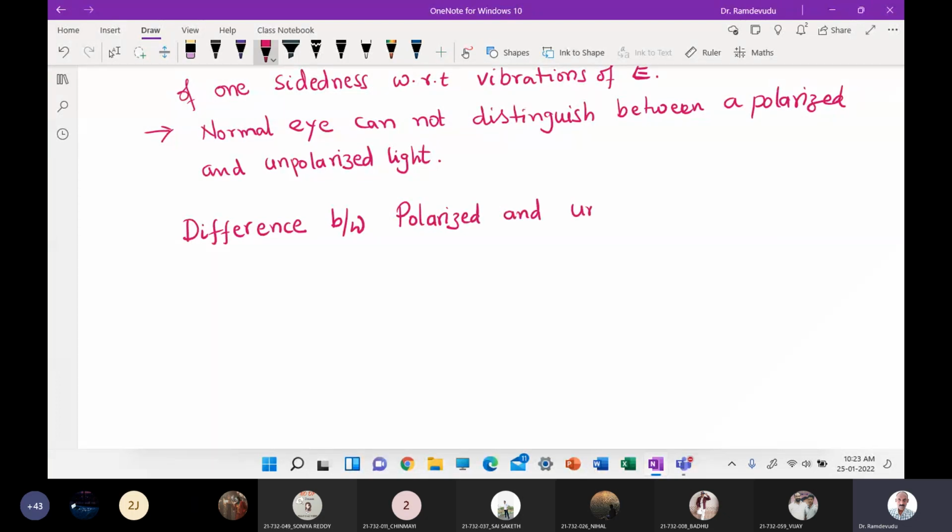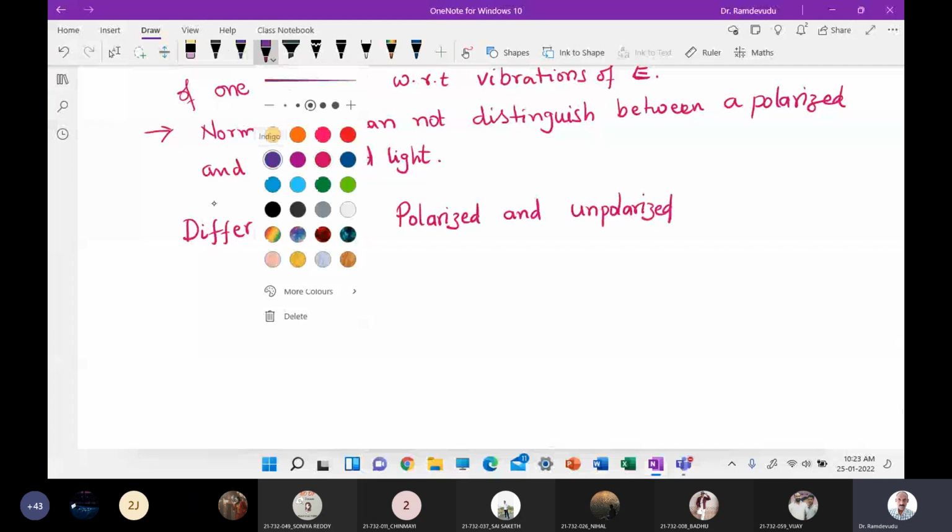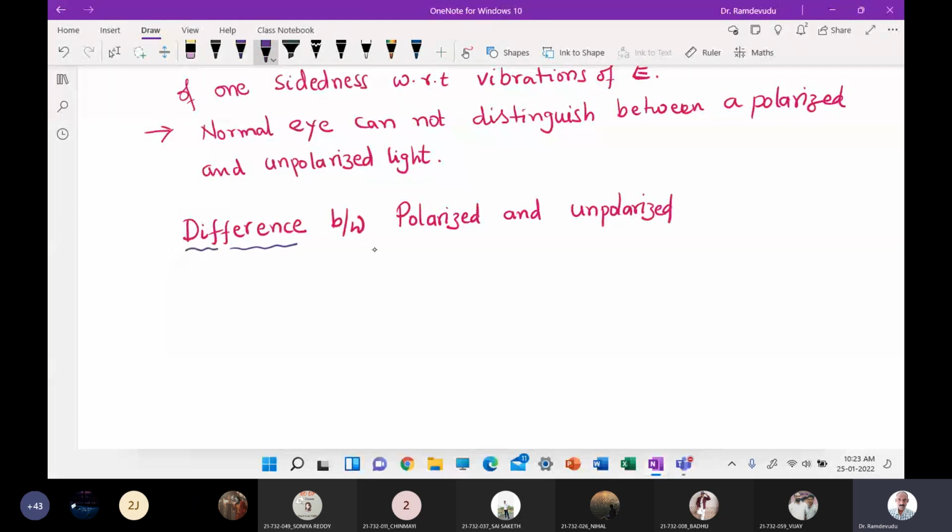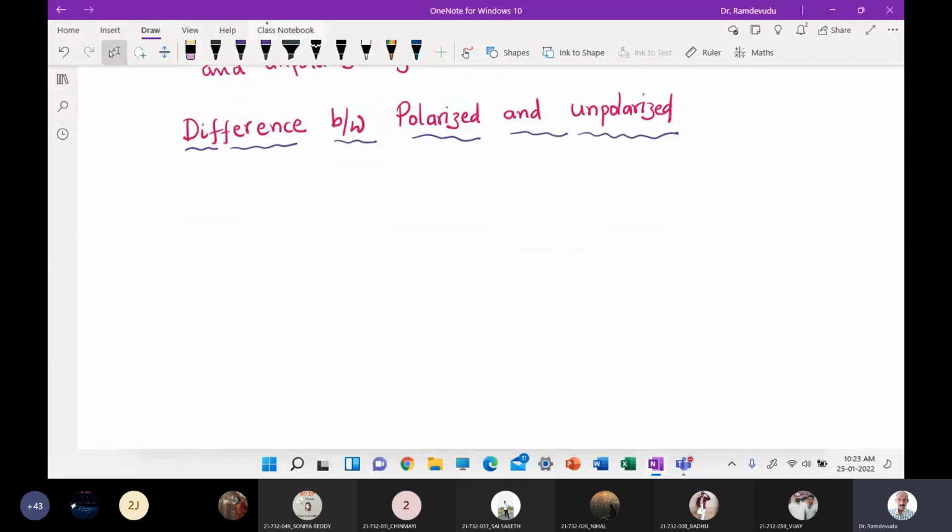First I see the unpolarized light, and then we go for the polarized light. Or better, we make a table here to see one or two important differences between polarized light and unpolarized light.